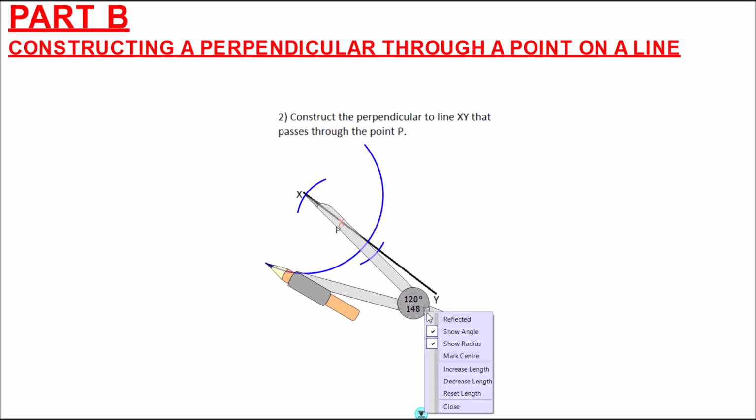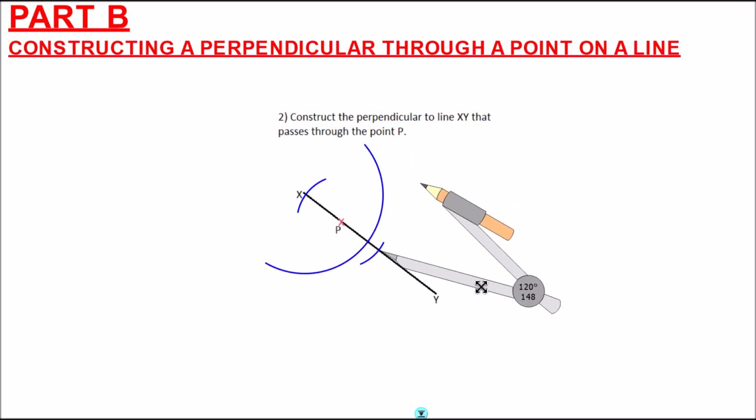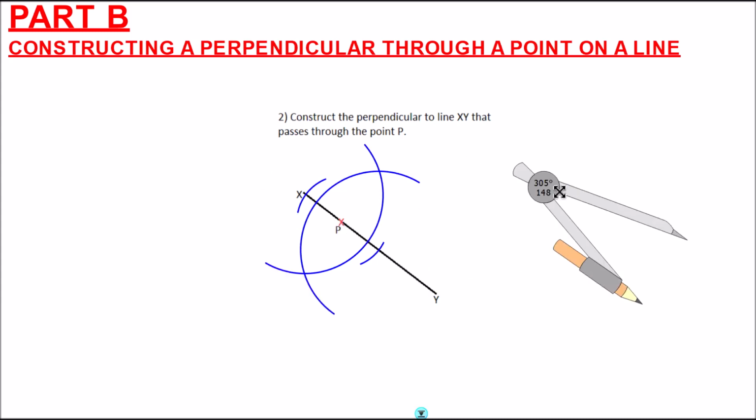Then we're going to repeat the process at the other side, where the other curve cut the line. Having done that, we're going to get a ruler and do a straight line through both bits here, where the curves have crossed each other. And again, what we'll find is we've done a perpendicular bisector going through point P, which was what we wanted to do.